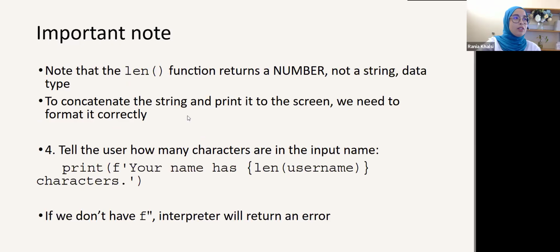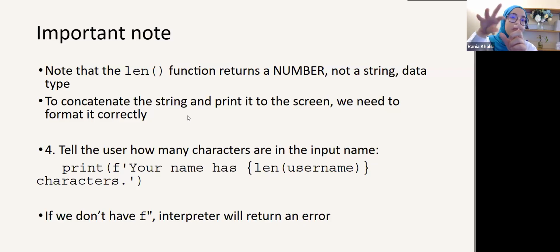There is an important note: the length function, as I was mentioning, returns a number, not a string. So if we want to use the output from the length function, make sure that it's a number.